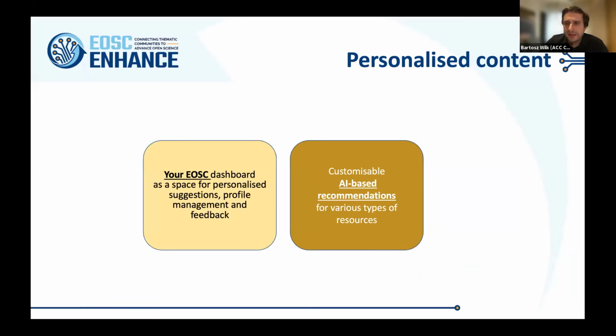The other angle of the development for researchers is the personalized content. So basically a new dashboard for a user will be prepared with personalized suggestions, profile management, and feedback mechanisms, and it will be fed with AI and machine learning based recommendations for various types of resources.